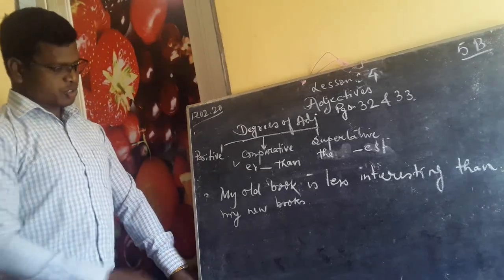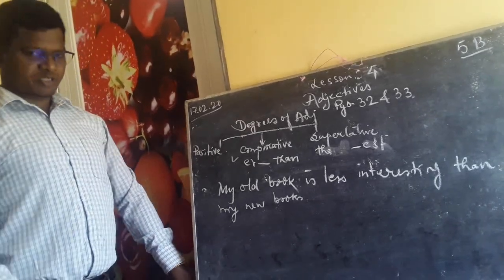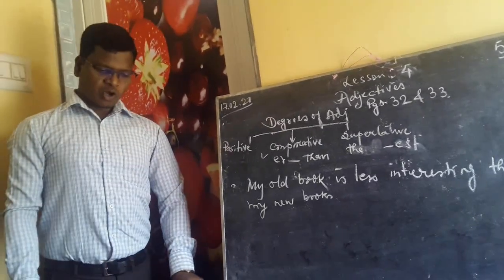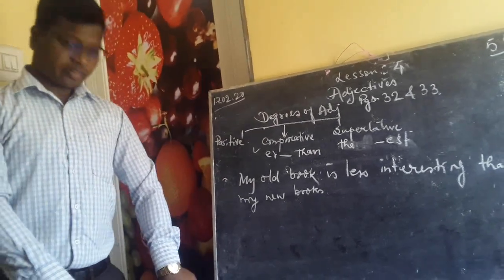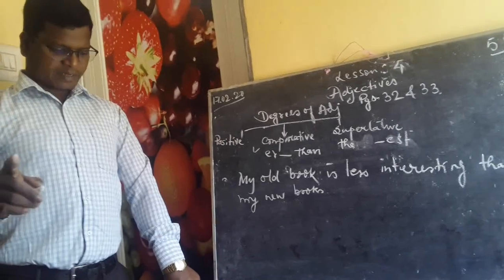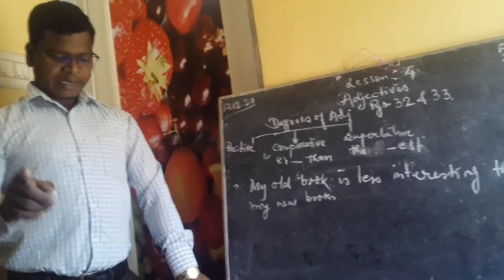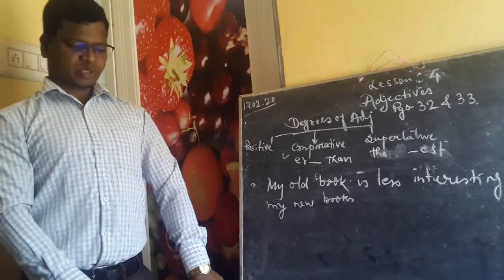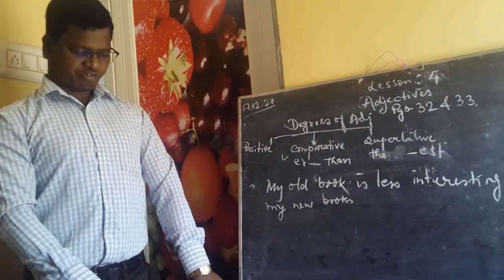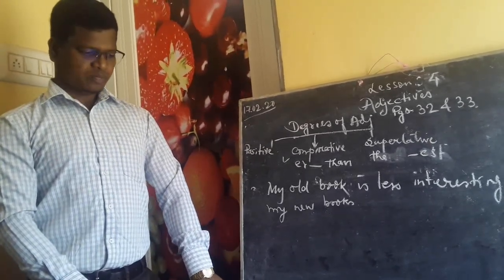So this way you will have to do question number 3 also. I think dogs are more intelligent than cats. So what shall we write here? I think cats are less intelligent than dogs. So this way please write them down, and question number 3 you will have to answer on your own.